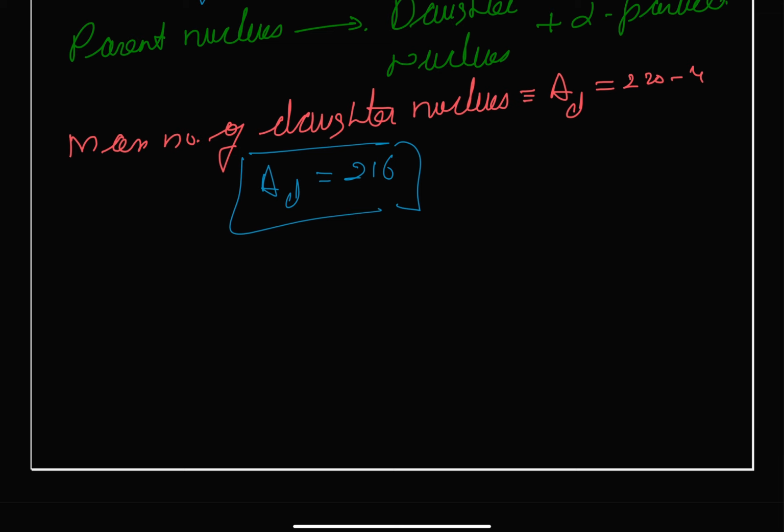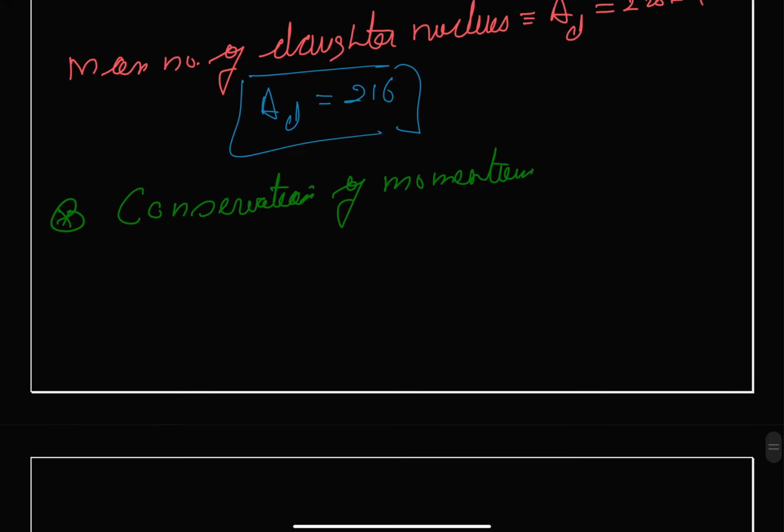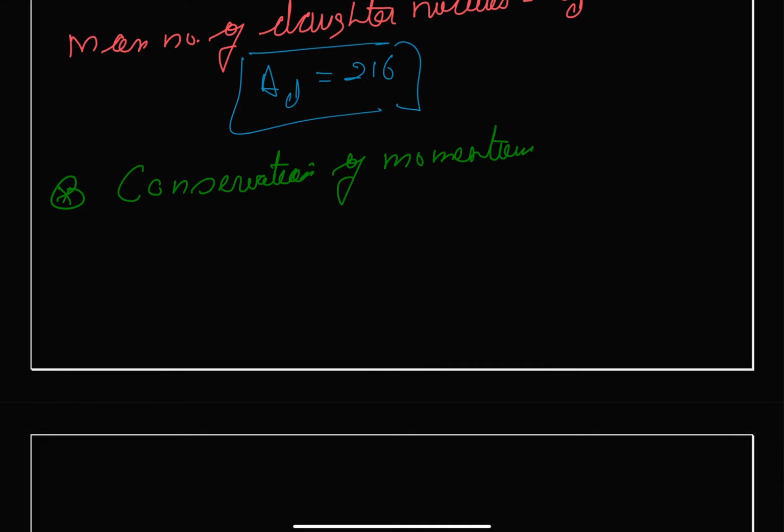So by conservation of momentum, since the parent nucleus was initially at rest, the momentum of the alpha particle will be equal to the momentum of the daughter nucleus.